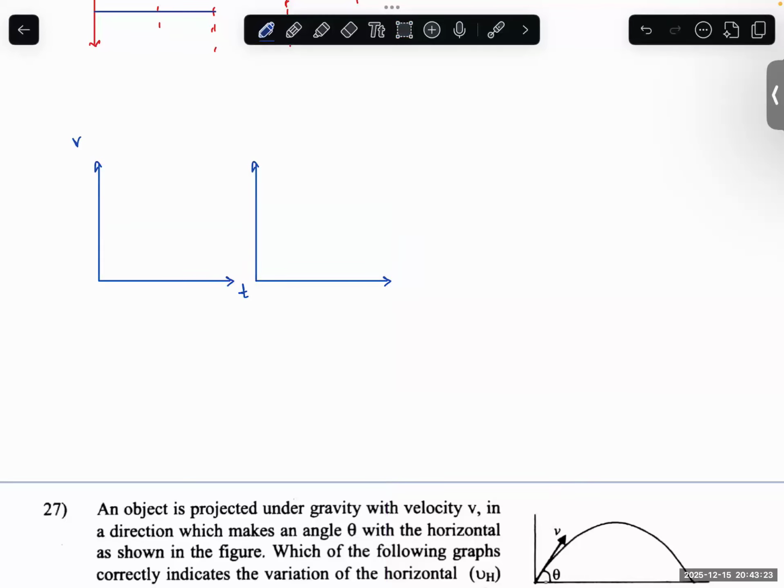I gave you an ST graph like this. I asked you to convert it into VT graph. I made sure that nowhere the line is flat. If it is flat, it will be called zero gradient, which means velocity is zero. So you need to be careful.